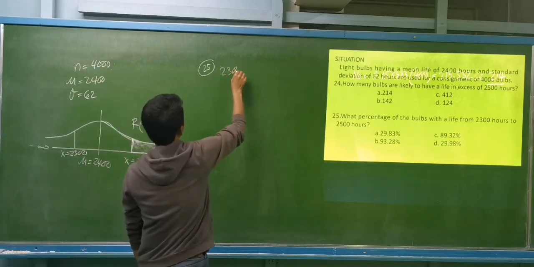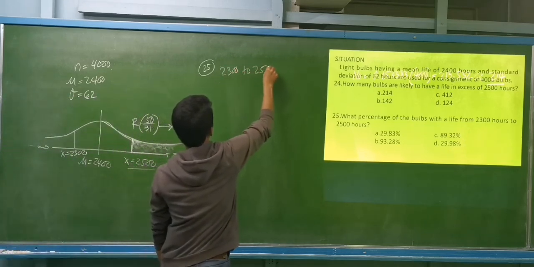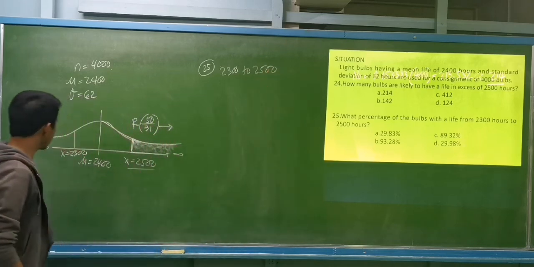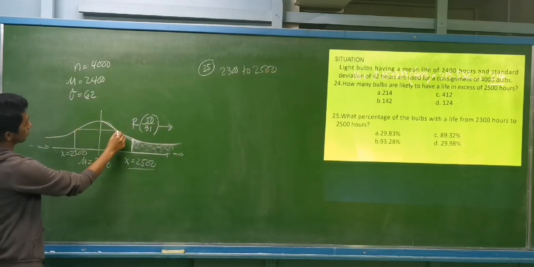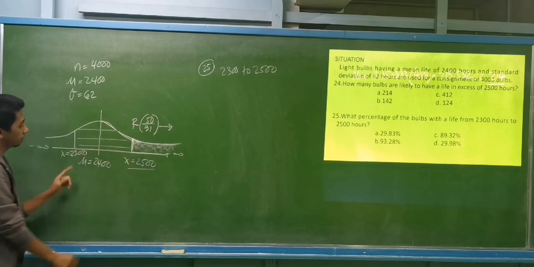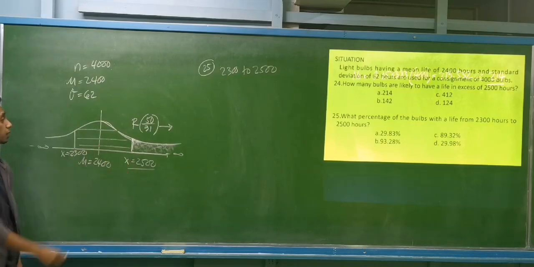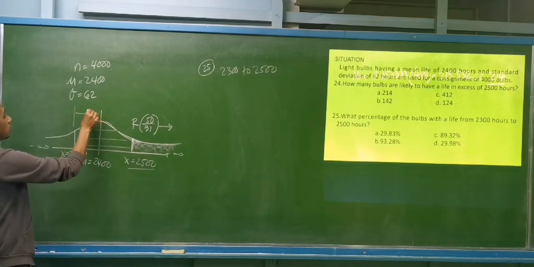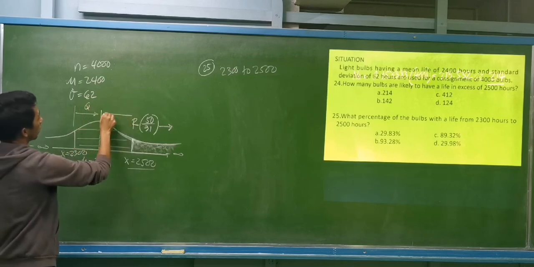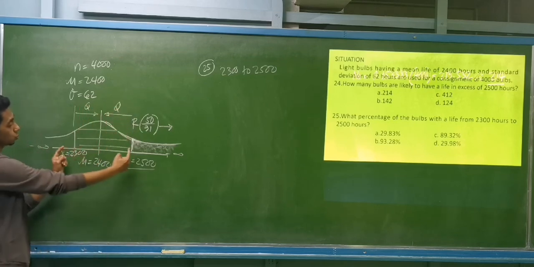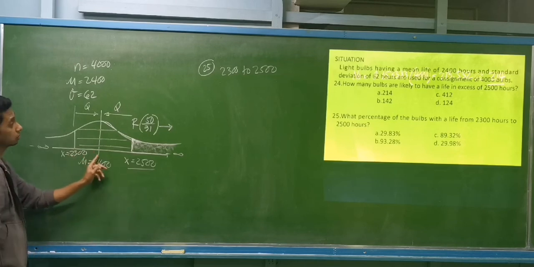Okay, 2,300 to 2,500. So, ang area naman na hinahanap natin ngayon is ito. Yan, from 2,300 to 2,500. Anong gagamitin natin? Gagamit tayo ng, this time ng Q. Kapag yung area na kino-consider natin is towards sa gitna.